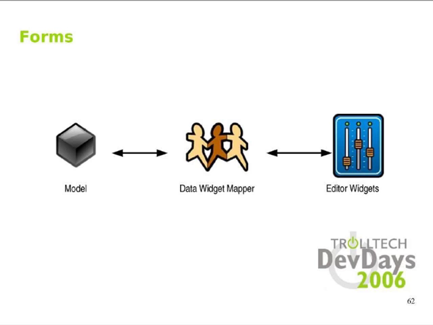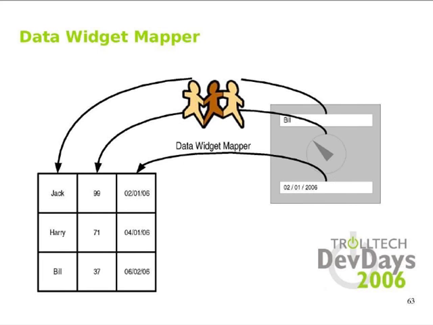I'll have to explain some concepts here. What we have is called a data widget mapper. It functions as a negotiator between the model and the editor widget. And it uses the meta object features that we have in Qt, the properties, in ways that I'll show you. The way you use the widget mapper is that you say that a widget is going to control a column, for example.